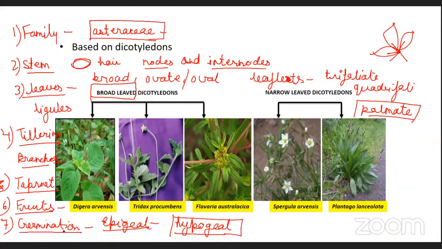So here the germination is mainly epigeal, but it is not fixed that all germination will be epigeal. But in grasses it is fixed that all the germination will be hypogeal in nature. In sedges also it is not fixed that all the germination will be epigeal or hypogeal. There is no fixed guarantee, but mostly they have epigeal germination.